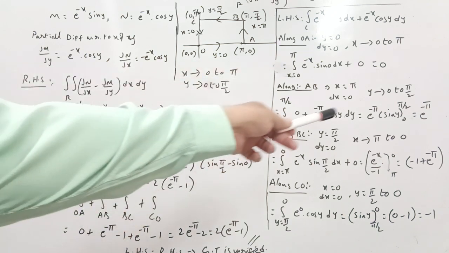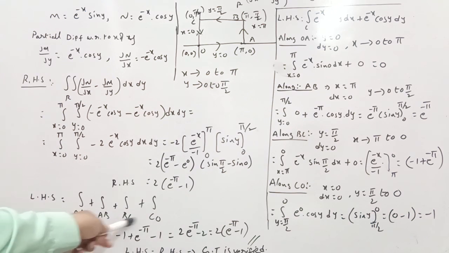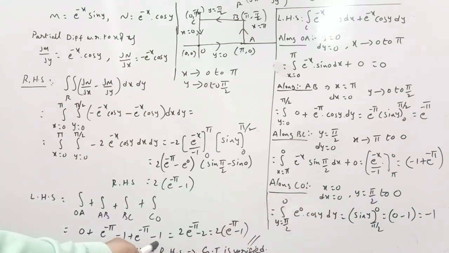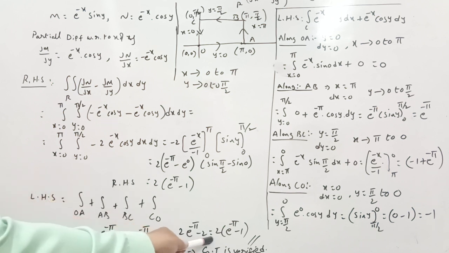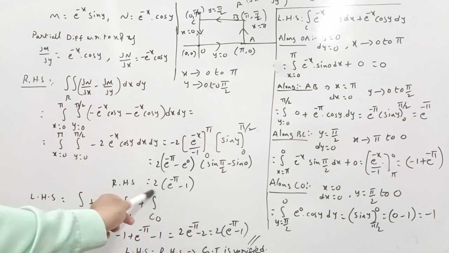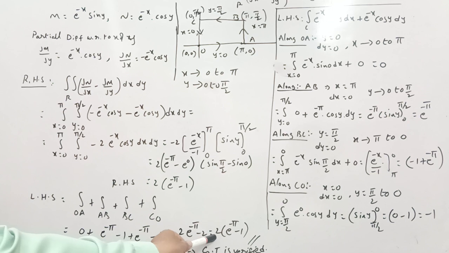AB's value is e power minus pi. Along BC, minus 1 plus e power minus pi. Along CO, minus 1. So minus 1 minus 1 is minus 2, and e power minus pi plus e power minus pi is 2 e power minus pi. Take out 2 common, so I get 2 into e power minus pi minus 1. RHS is also 2 into e power minus pi minus 1. LHS is equal to RHS.